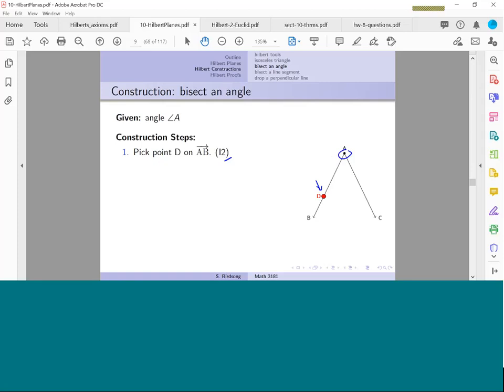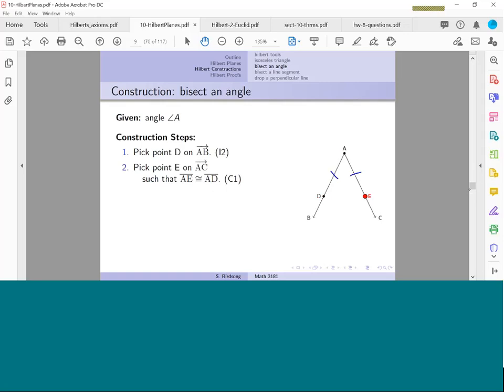All right, so second thing we want to do is we want to go ahead and copy that line segment AD to the other ray. So we'll pick some point E on the other ray so that AD and AE are congruent to each other. If you're doing a construction, don't really put in those hatch marks like what I just did. I'm just doing that so it's easy to tell who's congruent. Okay.